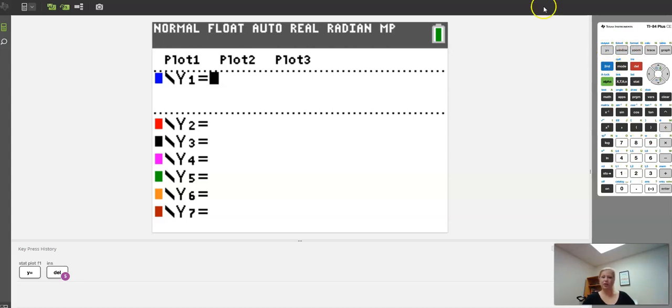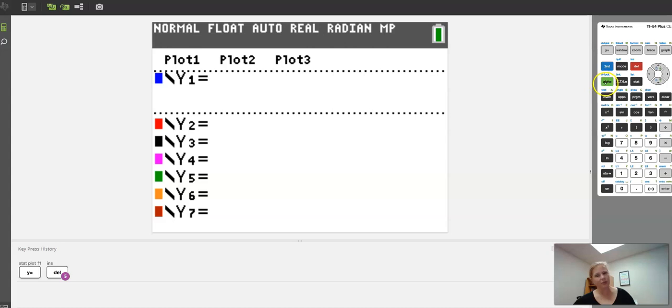But on your calculator, if you'll look over here, let me go with my pen. If you'll look over here at this pointer, you want to hit y equals. When you hit y equals, you're going to come to a screen that looks like this. Now, we need a fraction, and so on your calculator, you're going to hit alpha, which is the green button right below second.